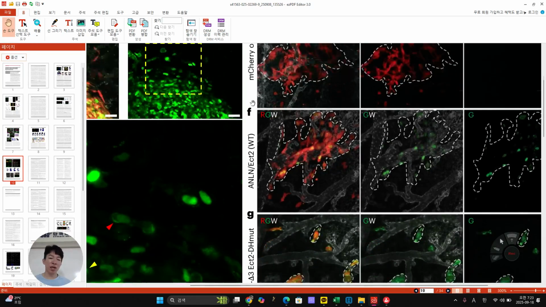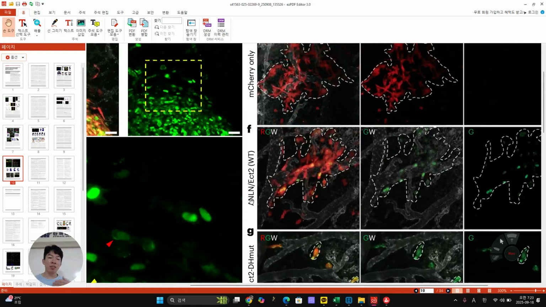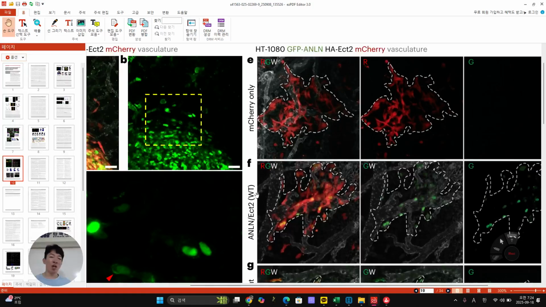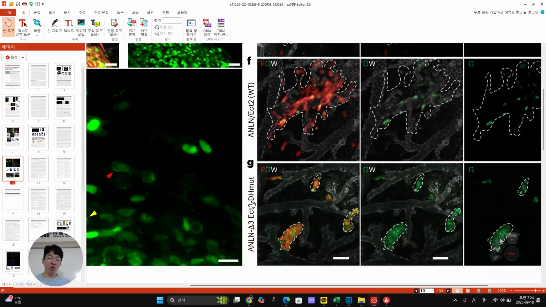Because as I told you, if you add a certain protein by transfection, the total amount of the protein should increase, which means that when you compare mCherry only and anillin Act2 mutation, definitely with the anillin active mutation, they are adding more protein to the cell, and the basal level is different.